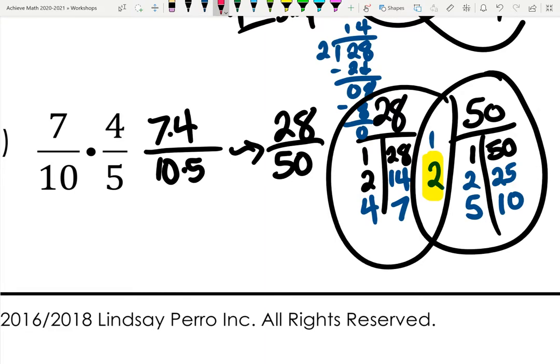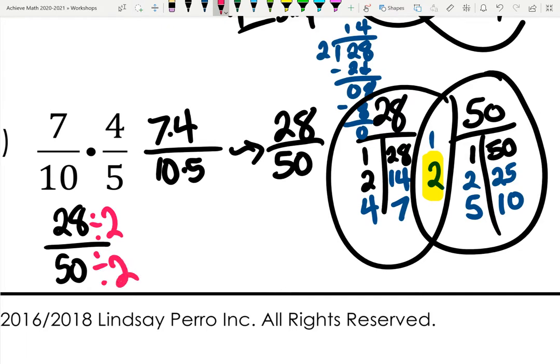So that means I'm going to take 28 over 50 and divide both of them by 2. Divide them both by the GCF. And watch where I get these numbers. No calculator, remember. 28 divided by 2 is 14.